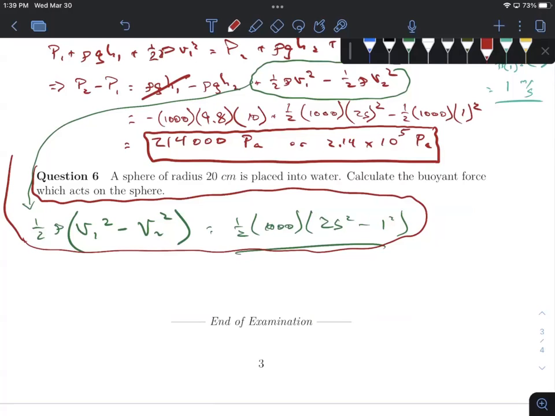The buoyant force, if we remember Archimedes' principle, there were several relationships we had to know. But at the end of the day, what we found was that the buoyant force is equal to the weight of the water displaced by the object.